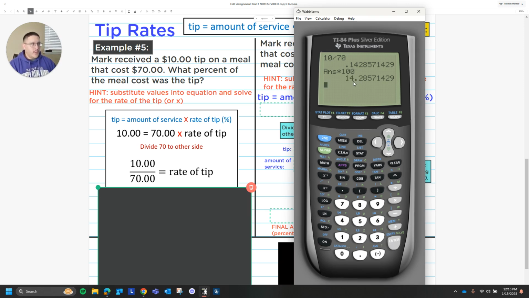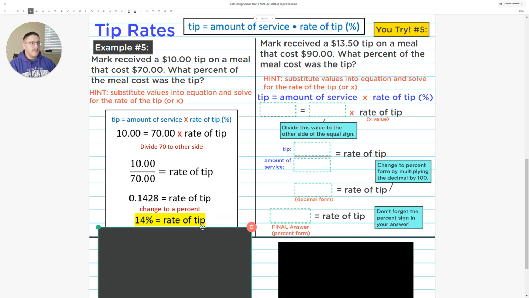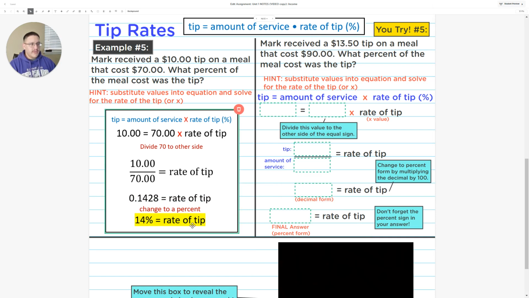And we get about 14% if we were to round. 14% rate of the tip. Okay, that's it for example 5. We pay an amount based on the money that we're given, and we want to know from there what the percentage is that we paid. So we divide the two, 10 divided by 70, change it into its percent form, and then boom, done.